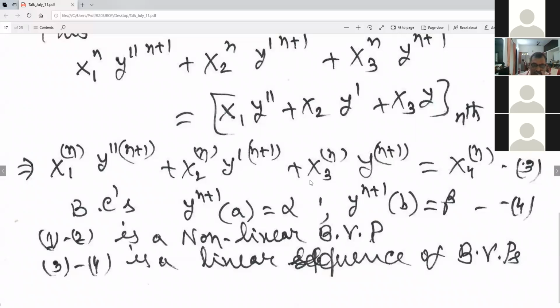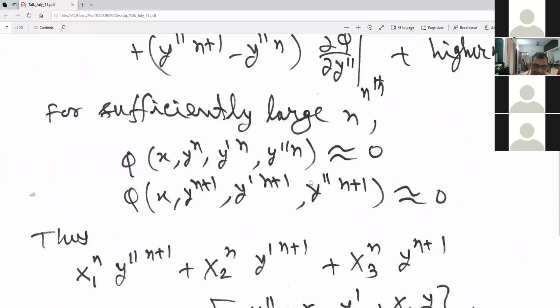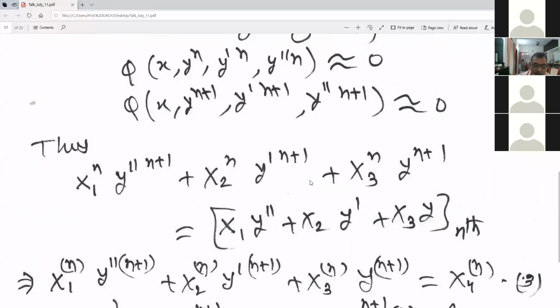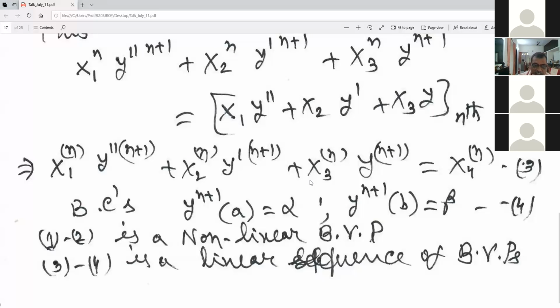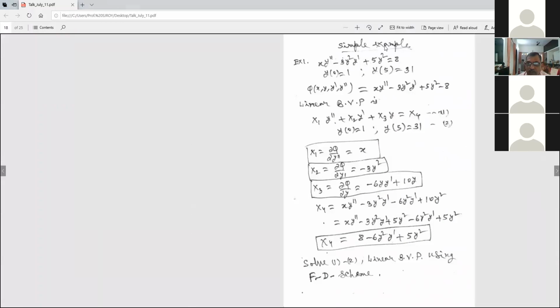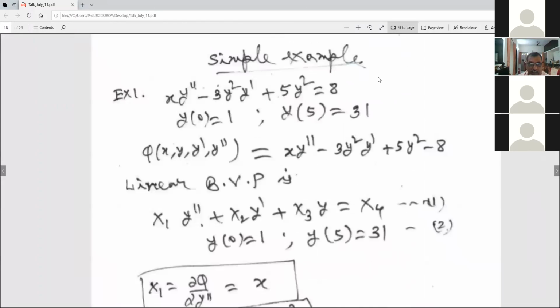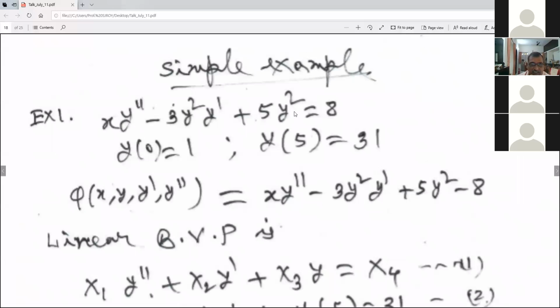Now to understand this, you take a simple example. I have explained the general Taylor series and all. Now to apply this idea, you can take a simple example. See, now you take this example. This is a nonlinear equation. x y'' plus this is a nonlinear term. This is also nonlinear.